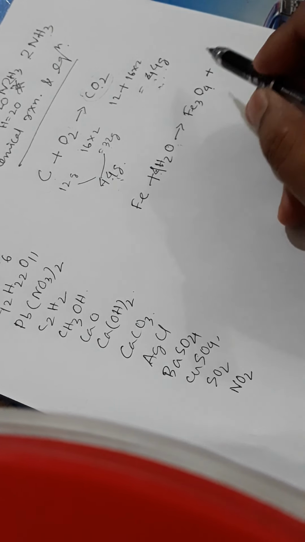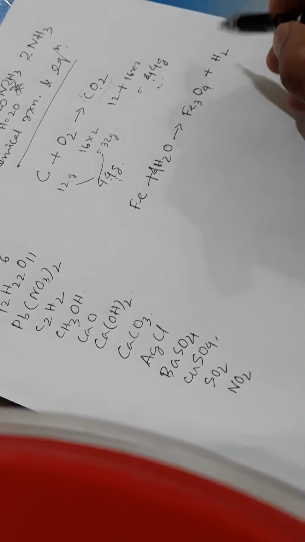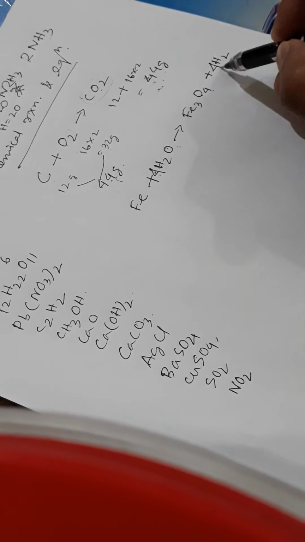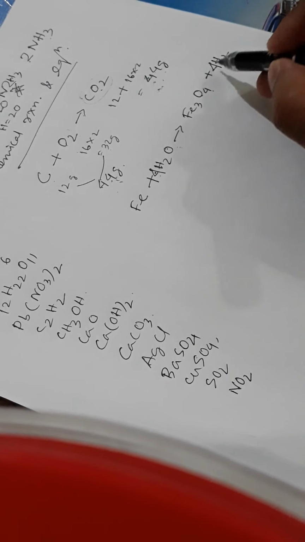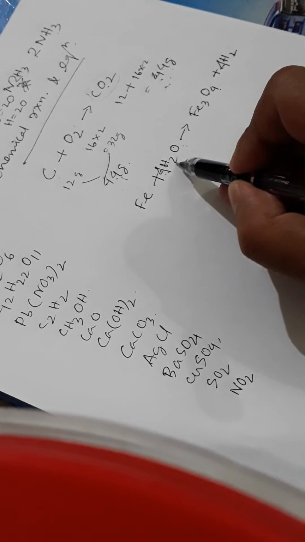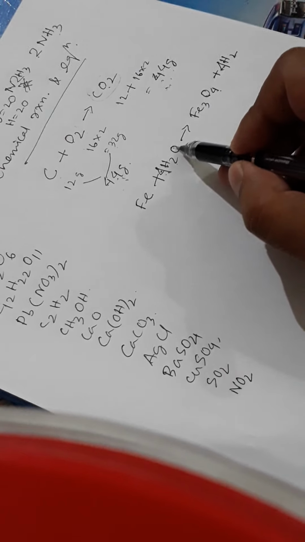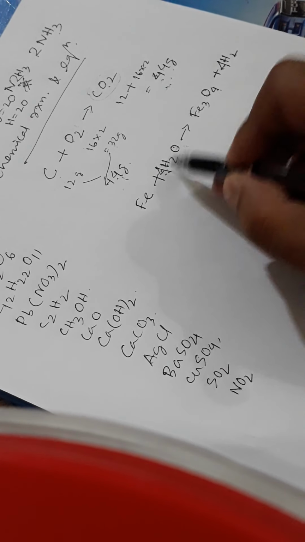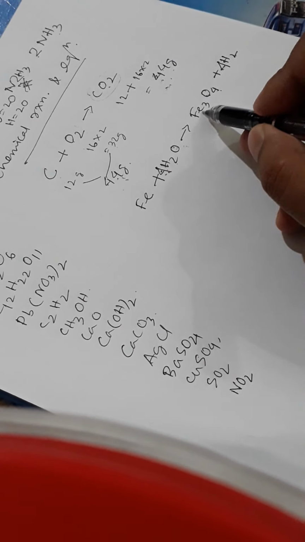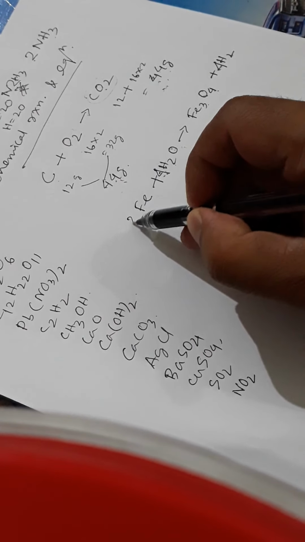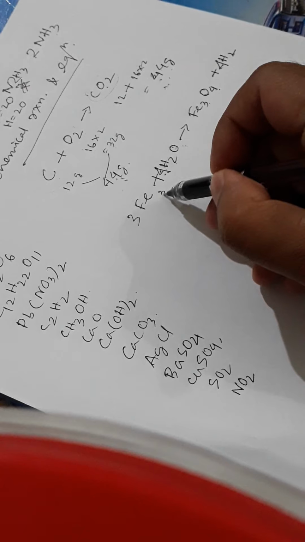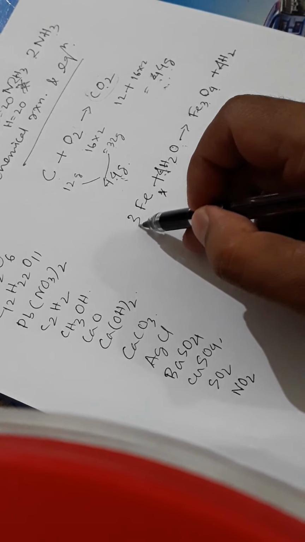So you have to balance hydrogen over here. You have to put 4 here also, so that the hydrogen number becomes 8. Hydrogen 8, 8. Oxygen 4, oxygen also 4. Now what is remaining? Iron, it is 3. So put 3 before Fe. You cannot write 3 below. Just 3 before Fe, and see, it is perfectly balanced.